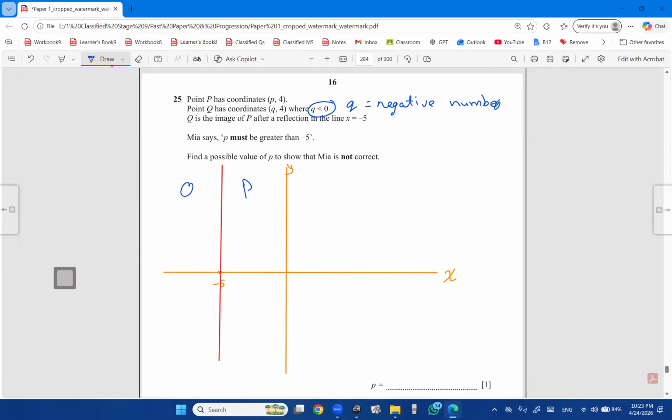For Q to be here, yes, this is possible, P can be greater than -5. It becomes here and Q becomes here, but it doesn't have to be this way.